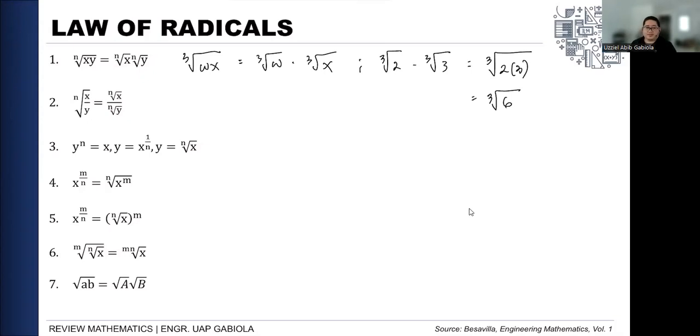Okay? Same with number 2. Again, sa number 2 is naka-fractional form lang siya. So if ever we have w over x, tapos sabihin natin siya ay naka-squared, that is also equals to square root of w over square root of x. Or halimbawa, we have cube root of 2 over cube root of 5. That is also equivalent to cube root of 2 over 5.